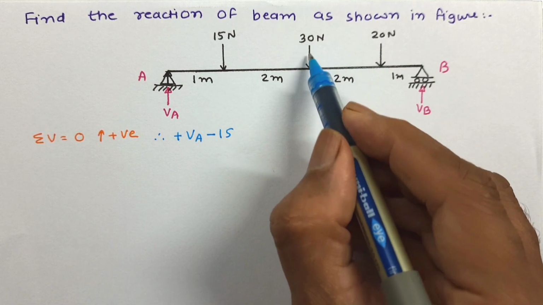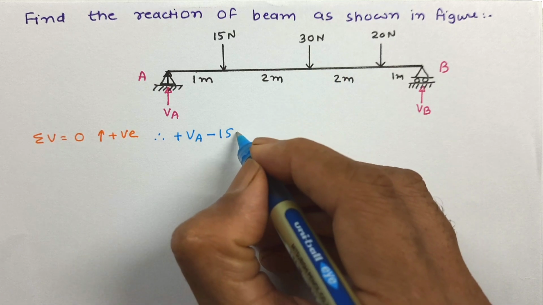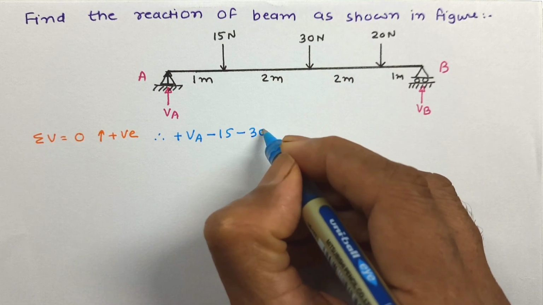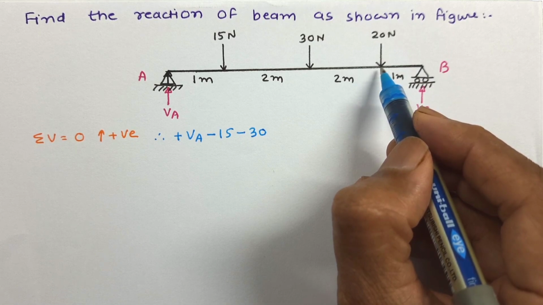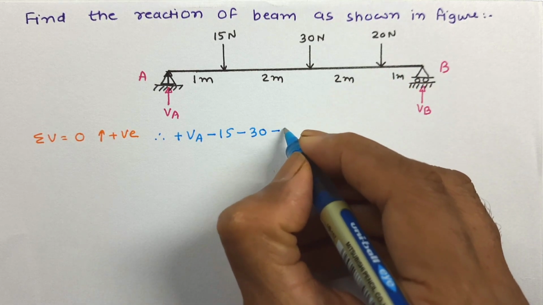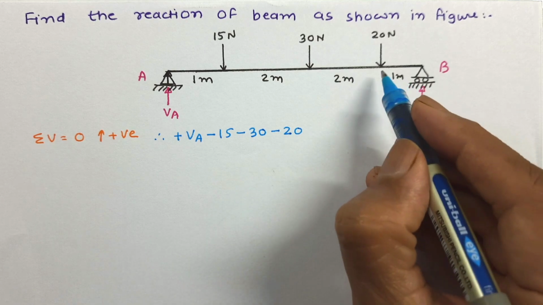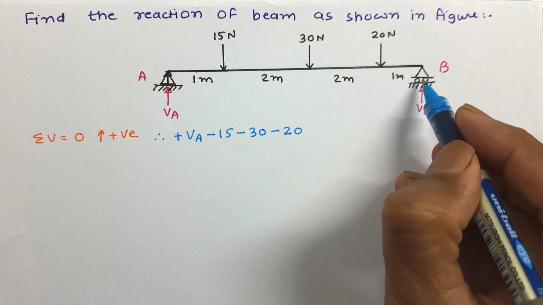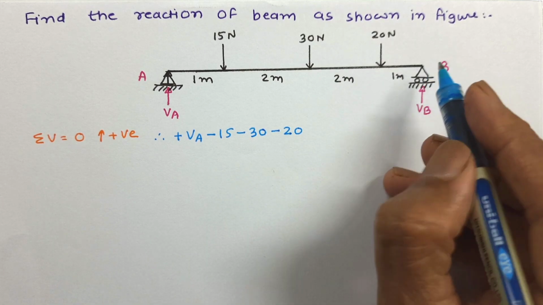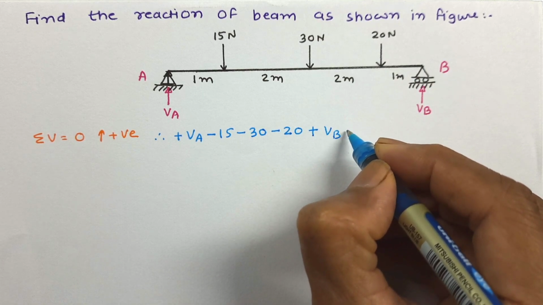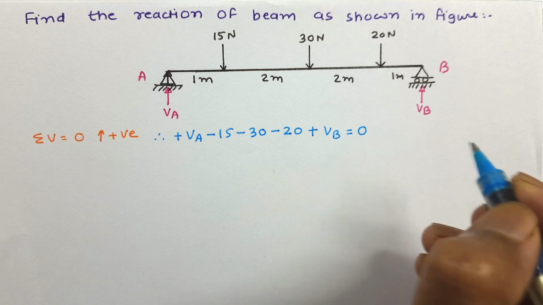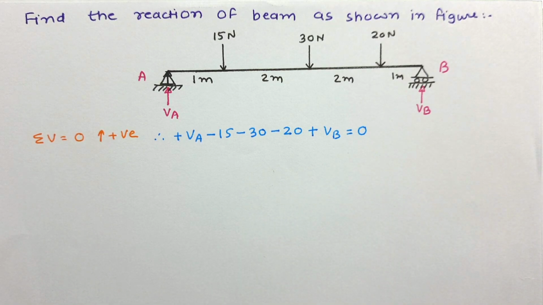Then move ahead, 30 kilonewton downward, so it will be minus 30. Again 20 kilonewton downward. Downward is negative, so it will be minus 20. And at last VB acting in the vertically upward direction, so it will be plus VB and the total sum is 0.